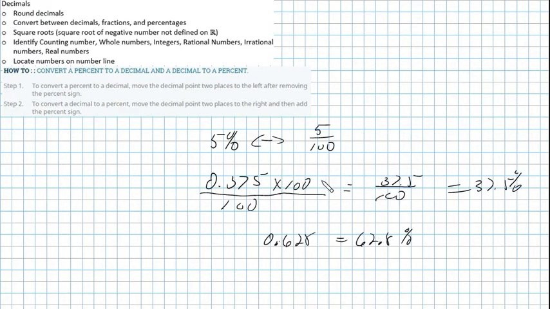So when I multiply it by 100, I get 37.5 divided by 100, 37.5%. Likewise here, this can become 0.628 times 100 divided by 100. And so what this does here is it moves the decimal place 2 places to the right, and then we express this as a percentage.